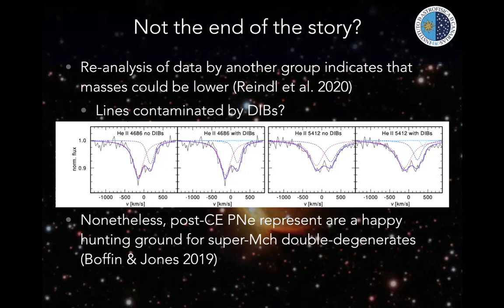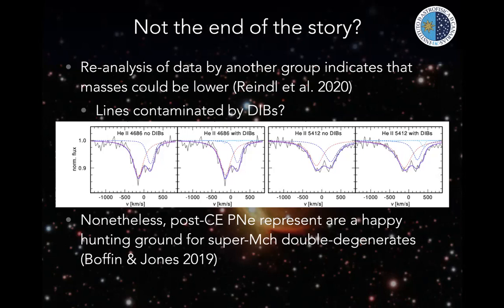And so they reanalyzed in detail our spectra and noted that the very high extinction in the direction of HEN 2428 could mean that instead of just seeing absorption features in our spectrum from the two stars, one for each star, there might also be some very weak absorption features that originate from diffuse interstellar bands.